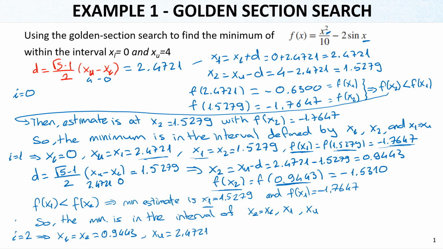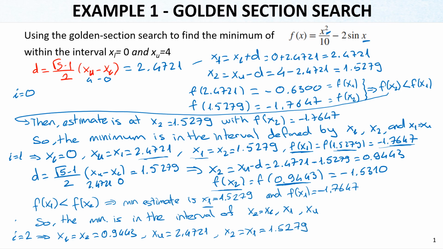That's why the remaining x1 here becomes x2 here. So we don't need to calculate x2 again. x2 is equivalent to x1, which is 1.5279.